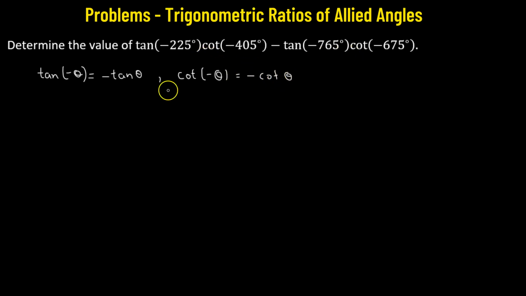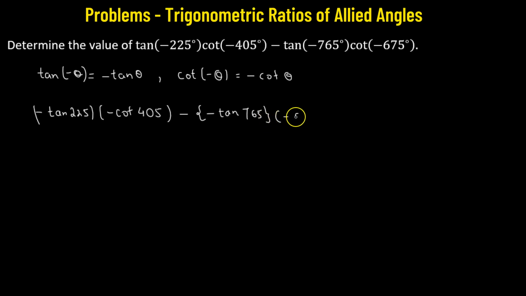So our expression corresponds to, now we have negative tangent of 225 degrees multiplied to negative cotangent of 405 degrees, minus negative tangent of 765 degrees multiplied to negative cotangent of 675 degrees, which will be equal to, now negative times negative will become positive.